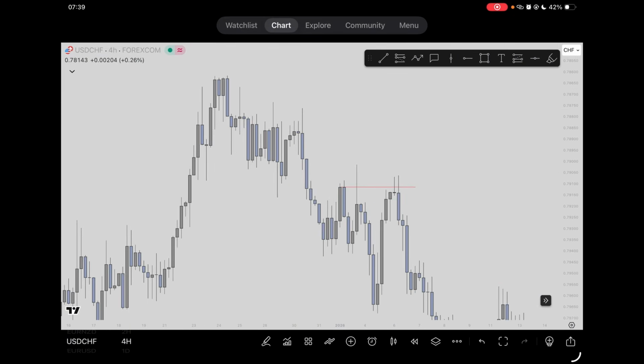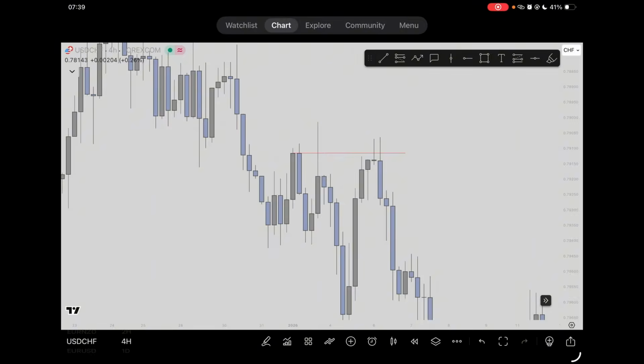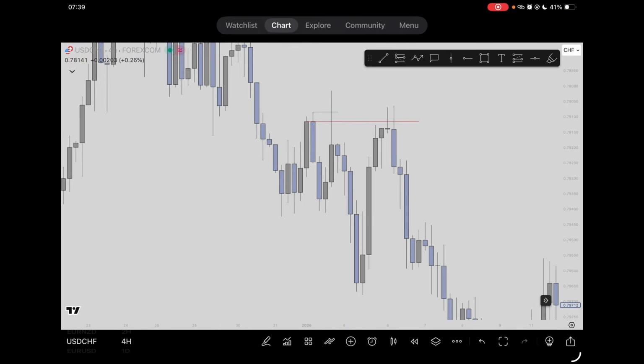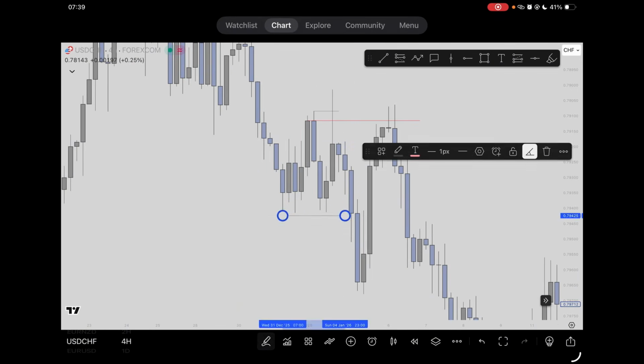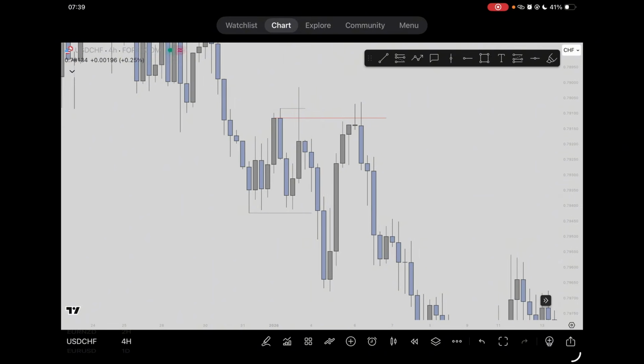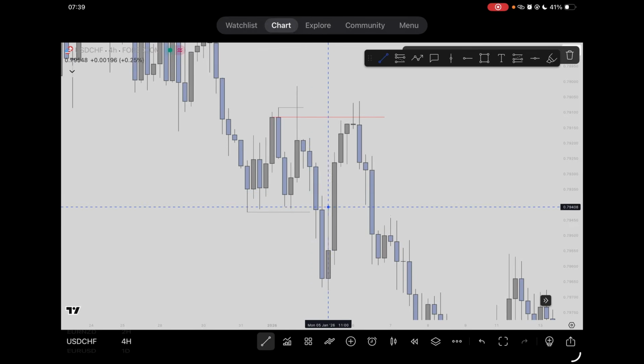Same thing here. See what I said? Price swept above this high right here, right? Price swept above this high and gave us a break to the downside. Can you see this? Now you will ask, why does price use these key levels, all these key levels inside here?